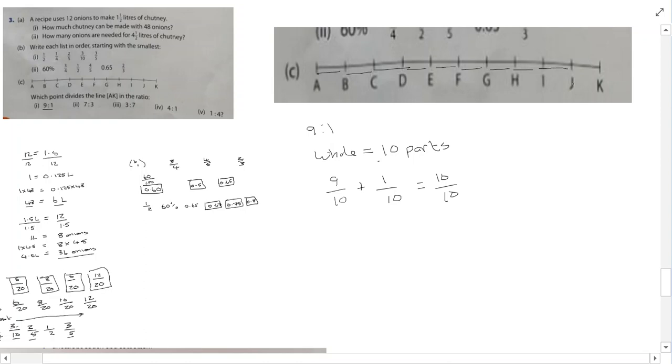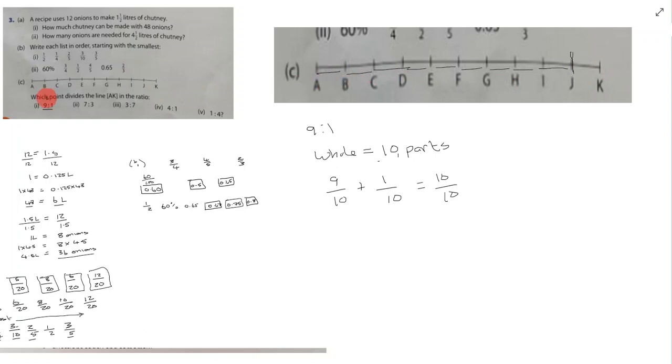If you were to draw a line here on this point J, you have it split up into 9:1. On this side of the line, you have the 9 parts, and this side is going to have 1 part.